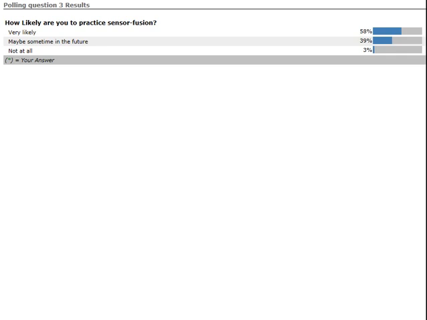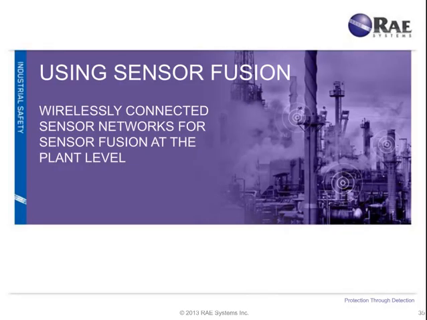So moving on to our last topic that I wanted to cover. Before, in the previous slides, we looked at using different technologies to look at one particular chemical. Now, I'd like to invite you to look at sensor fusion at a plant level, right?